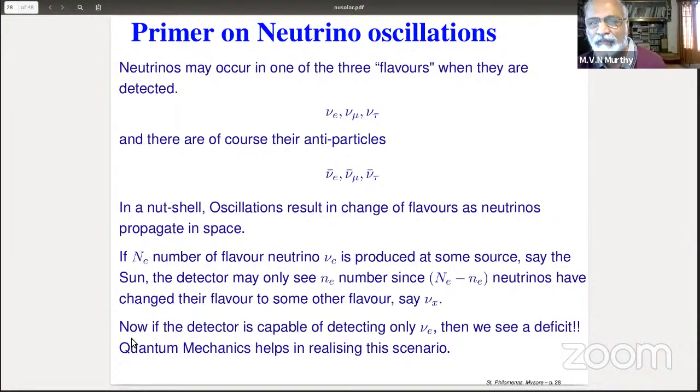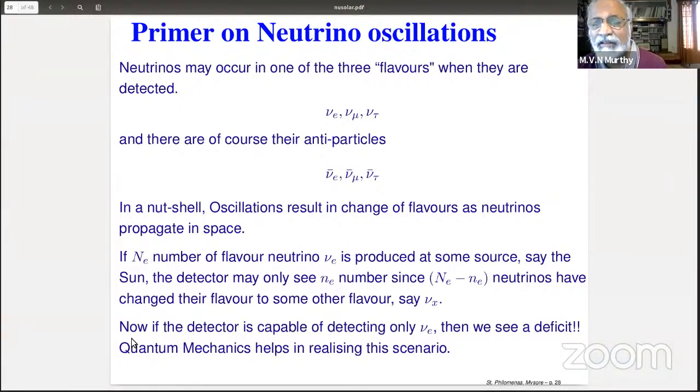Going back again, remember that there are 3 flavors of neutrinos, nu_e, nu_mu, nu_tau, corresponding to their charged particle cousins, the electron, the muon, and the tau. And whenever we talk about particles, of course, there are always their antiparticles.